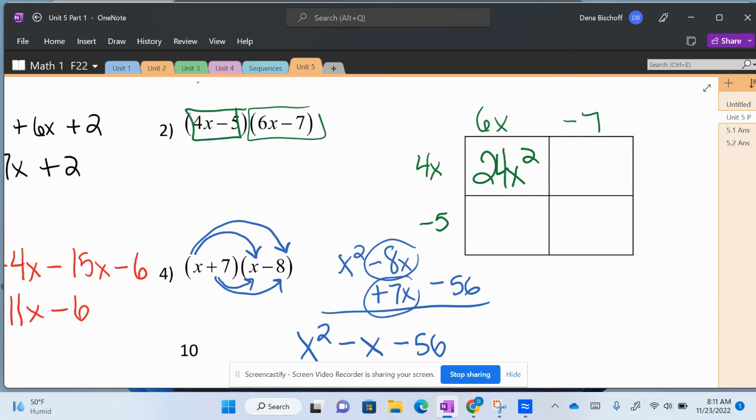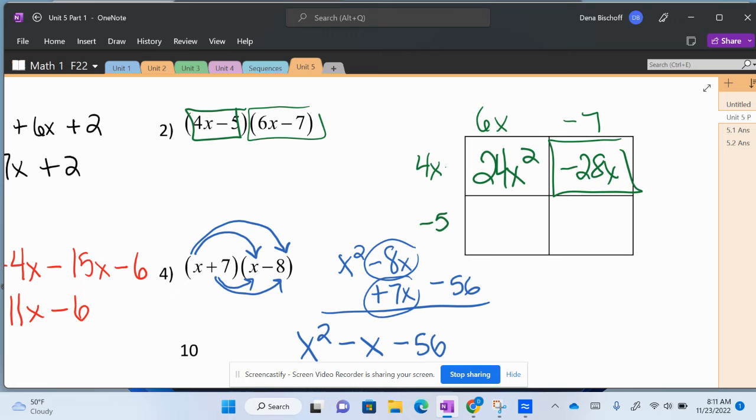Now I'm going to take the 4x and I have to multiply it by the -7, right? So if this were a times table, you guys have all seen a times table, right? You take the numbers that are on the left and the numbers that are over the top, and you do this whole thing like, okay, so 4x times -7 gives me -28x. Very good. And then we're going to go down to the bottom term.